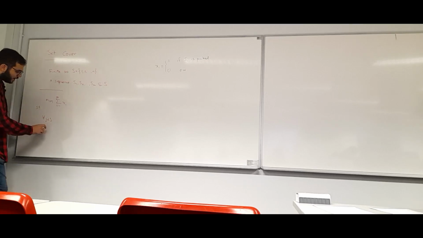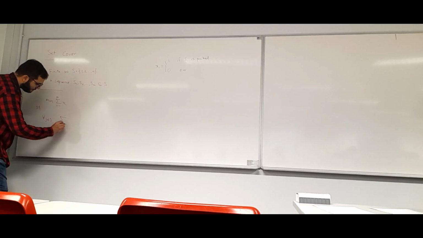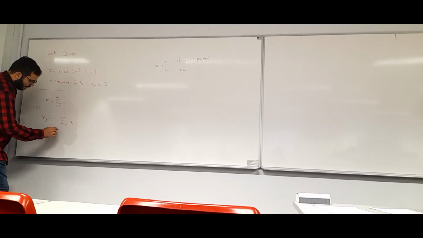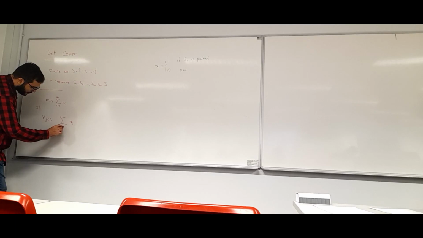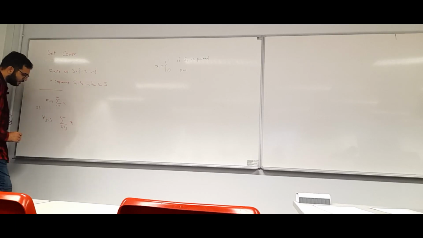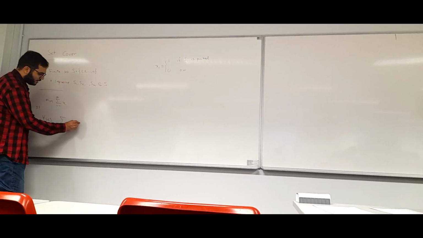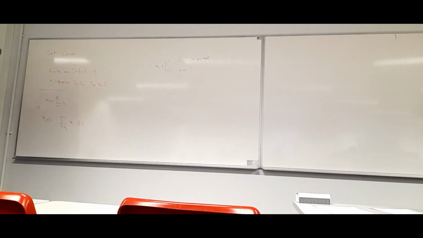So for every j in S, the sum of xi. Now, how is this i chosen? It's just that si has to contain j. So I take all the si's that contain j, and I just sum up their variable xi. And this thing has to be greater than or equal to 1.